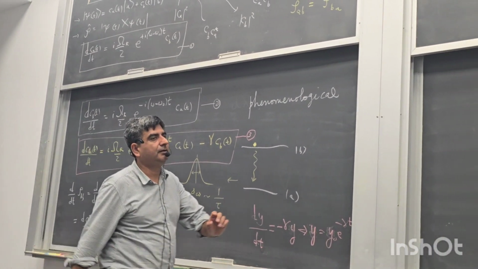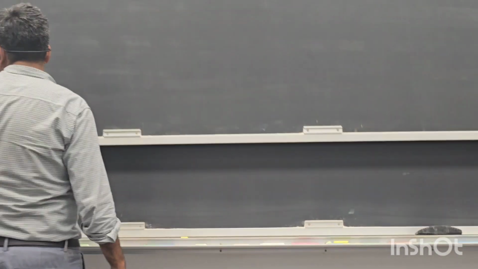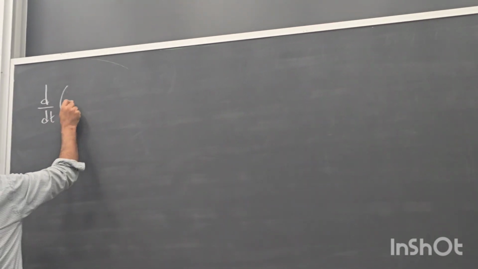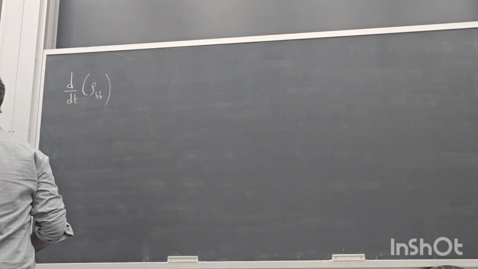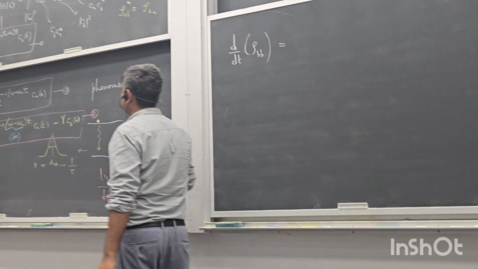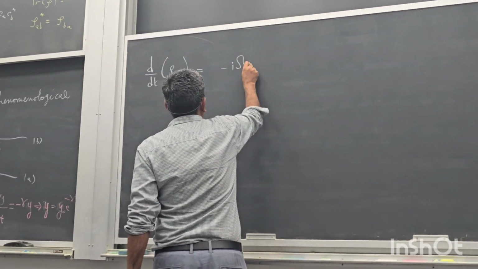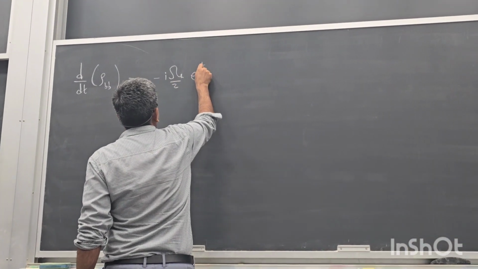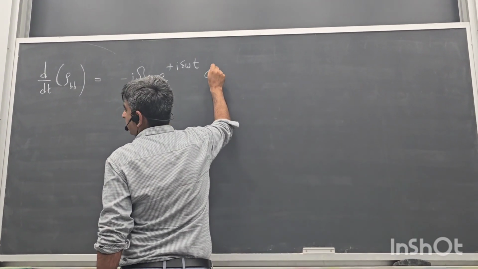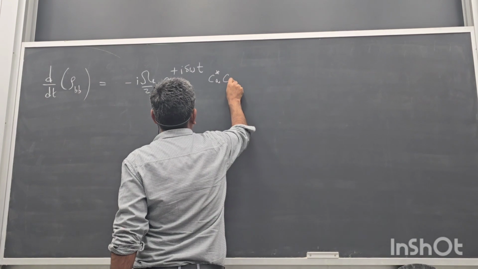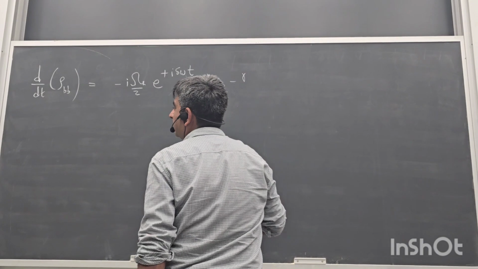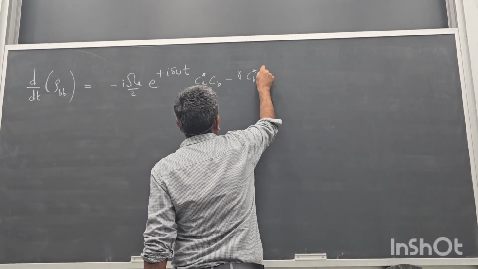So my derivative of the excited population, rho BB, becomes: take the complex conjugate of this equation, minus I Rabi frequency over 2 e to the plus I delta omega t, Ca star Cb, minus gamma Cb star Cb.